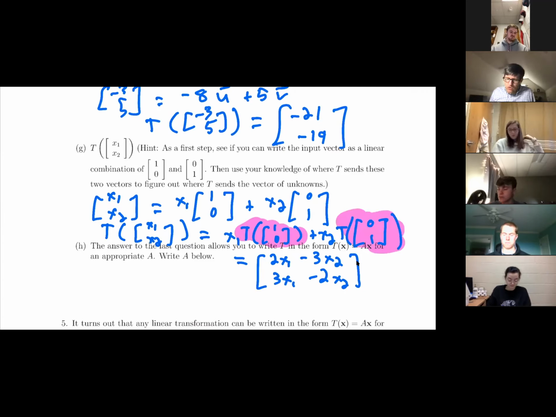So using those two things that we already computed, we can multiply by x1, multiply by x2, then combine them. Once we do that, we get 2x1 minus 3x2 in the first spot, 3x1 minus 2x2 in the second spot. Good. So I'm going to pause here and ask if there are any questions about how we got there.